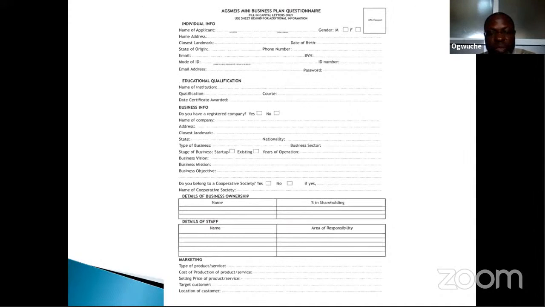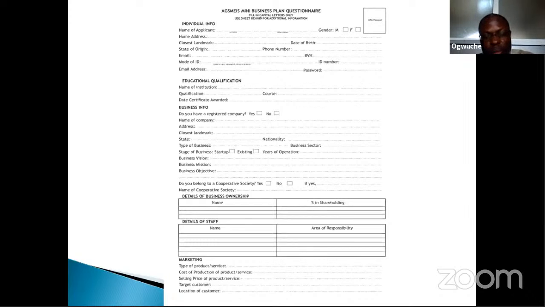You have the delivery van, then of course a driver who drives the delivery van and makes all the deliveries in the markets and the points of sales. So you indicate their names and then their areas of responsibility, for each one there's an area of responsibility.